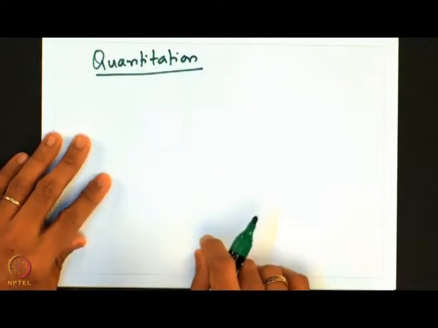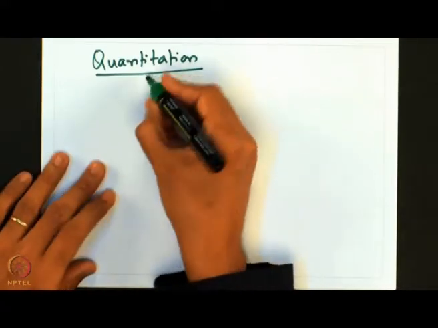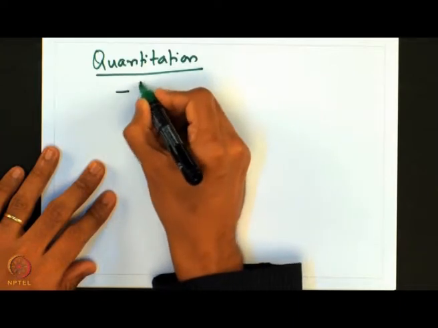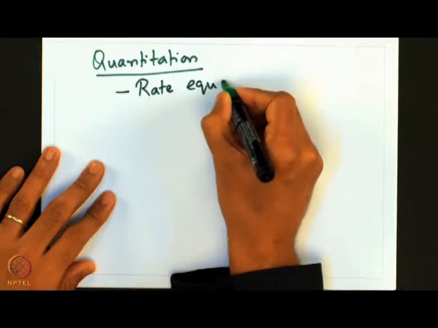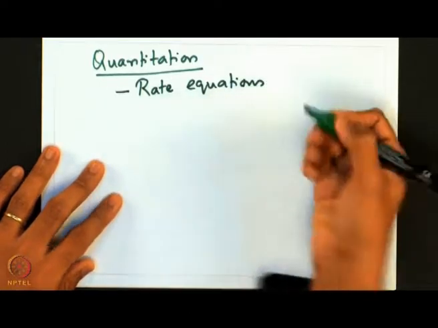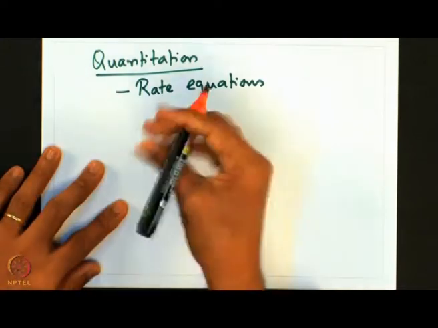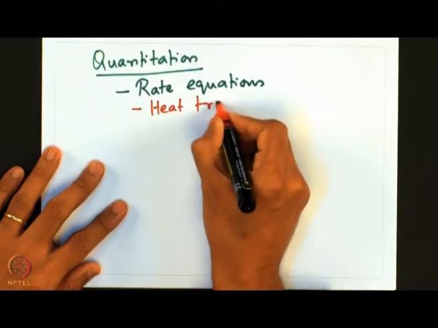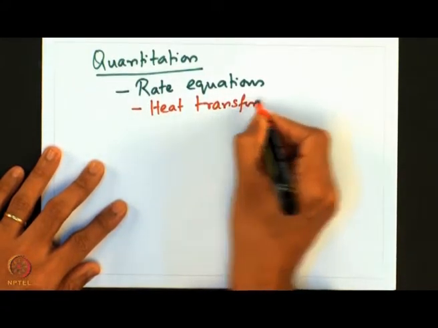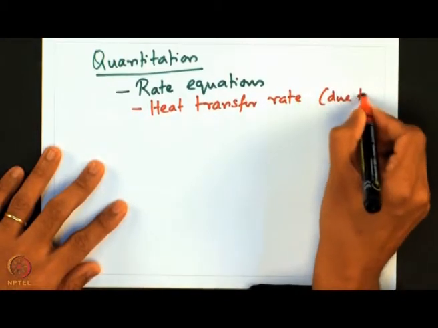Now, in order to quantify, one needs to look at the rate equations. What we are going to see is how to write the rate equations for these processes. In particular, we are referring to how to estimate the heat transfer rate in a given system due to conduction.